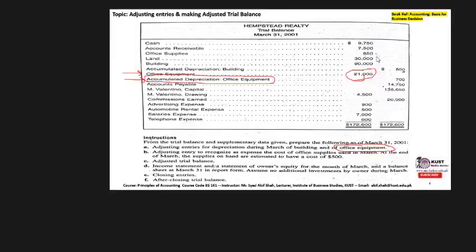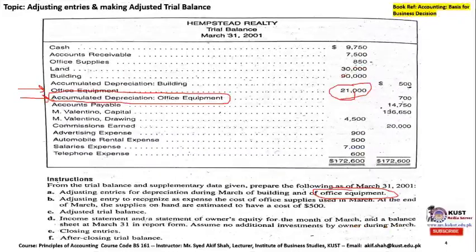So we have to look back into the trial balance and figure out its value, which is 700 in the credit column, and the adjusting entry is also showing the credit balance of $350 against the accumulated depreciation office equipment. Therefore the credit and credit balance will add up and finally make $1,050.